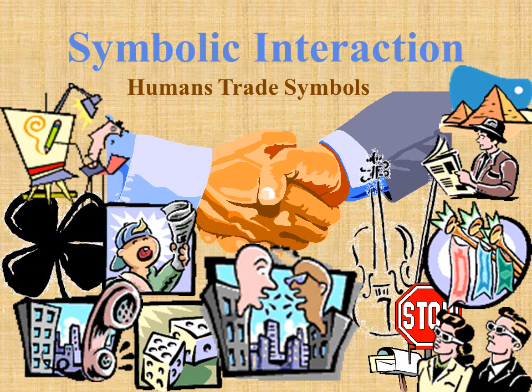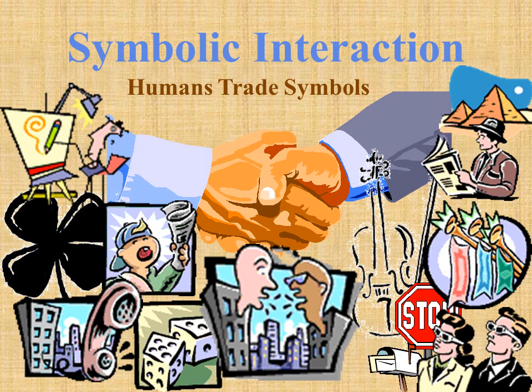Humans trade symbols. And so everything in our lives has to do with symbolic interaction. It's going on all the time. If you remember, you cannot not communicate. You're communicating with yourself all the time, intrapersonal communication, even when you're dreaming.